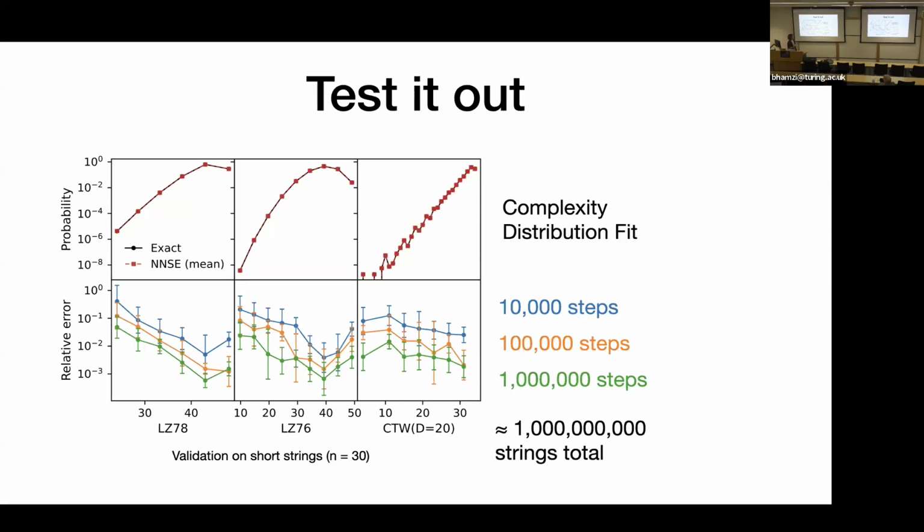We found the true distributions, and we ran NSC for different amounts of time: 10,000, 100,000, 1 million steps. All of these were able to find the true distribution up to some error. As we went longer, the error decreased. By the time we do 1 million steps, the fit is almost perfect. Even though there are, let's say, 1 billion strings and we sample less than 1% of them, we still get very accurate results.